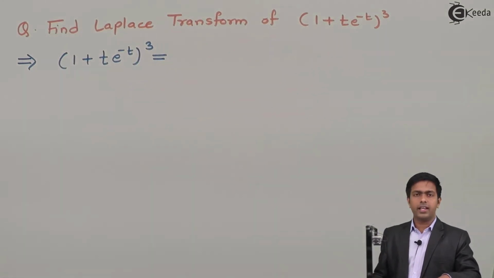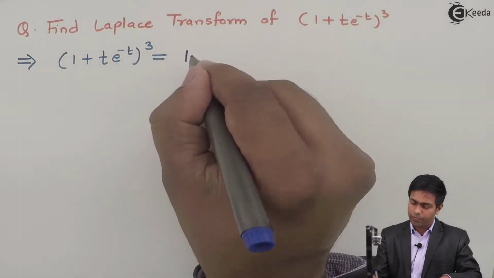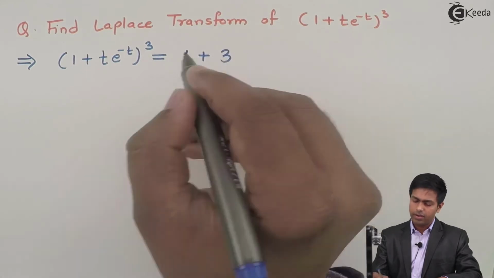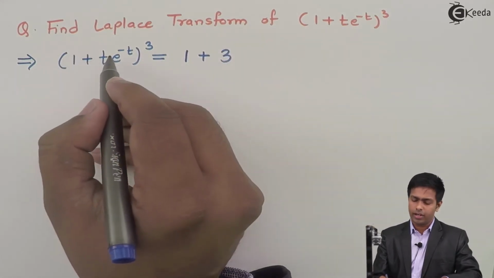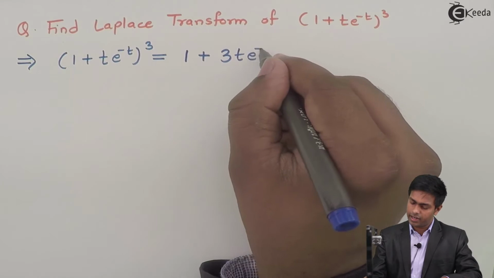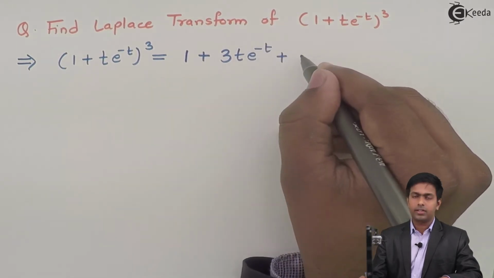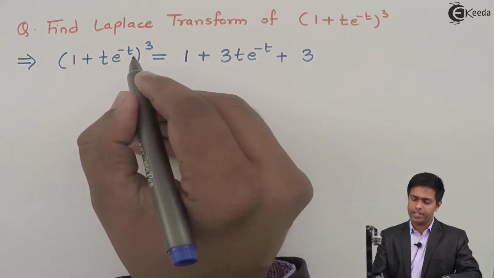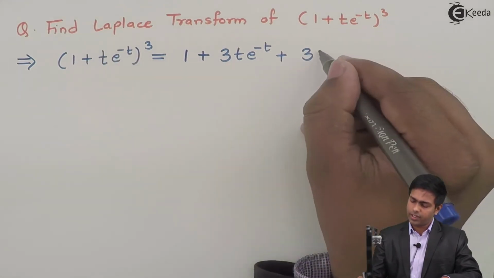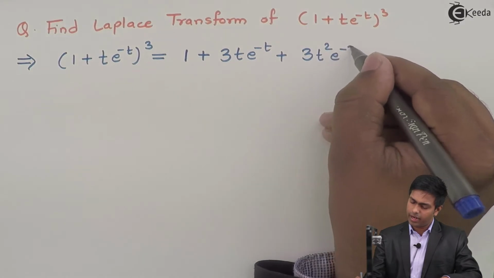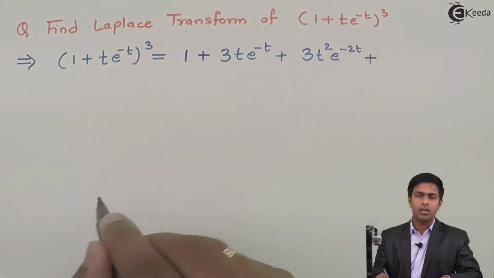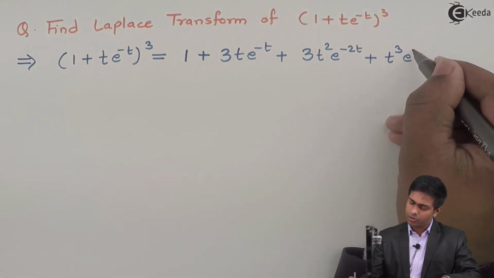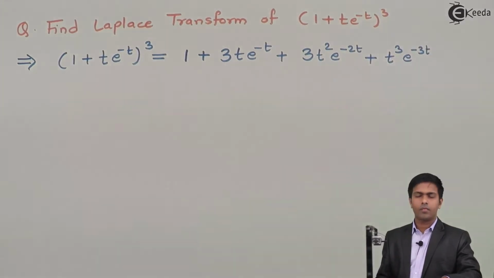So the formula is a cube, that is 1 cube, which is 1, plus 3a square b, so 3 a square, the square of 1 is 1, into b, that is t e raised to minus t, plus 3ab square, so 3 a is 1, into b square, that is square of this, and square of this is t square e raised to minus 2t, plus b cube, so cube of this is t cube e raised to minus 3t.